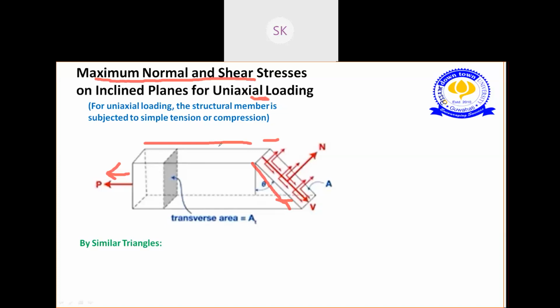I want to relate this transverse area and this area, this section and this section. So simply I am considering two similar triangles.